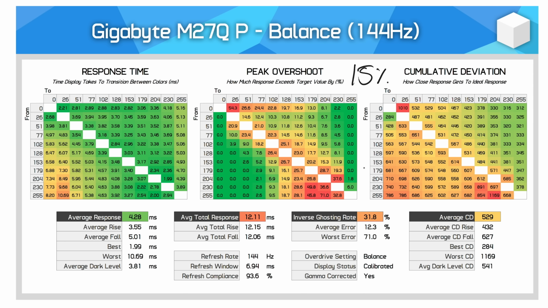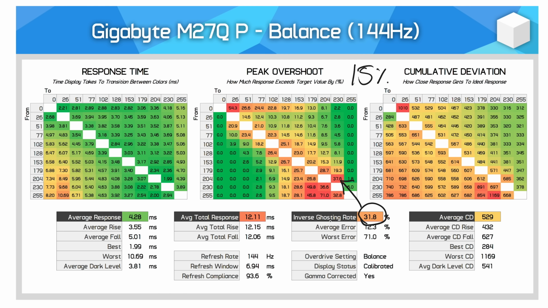So with the inverse ghosting rate, we're looking at what percentage of transitions that we've measured exceed this 15% tolerance value. For this particular monitor, the M27QP at 144 Hertz, 31.8% of the transitions in this chart exceed 15%, and that gives us our inverse ghosting rate.